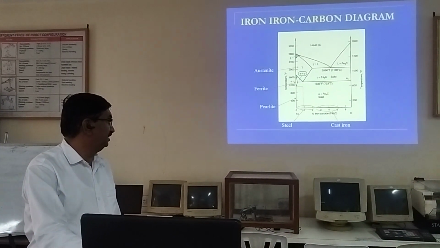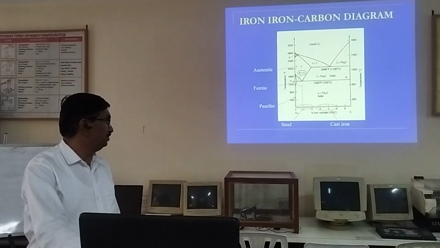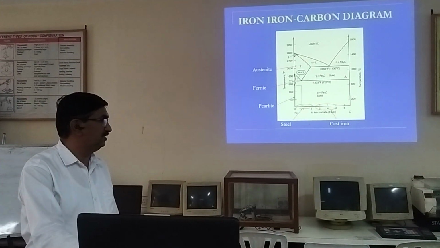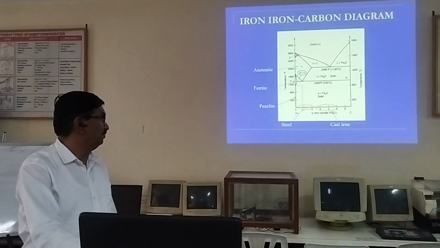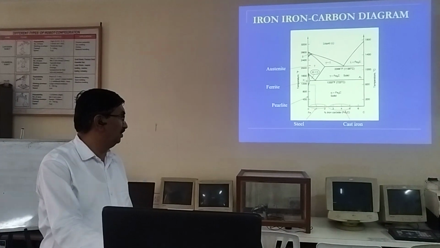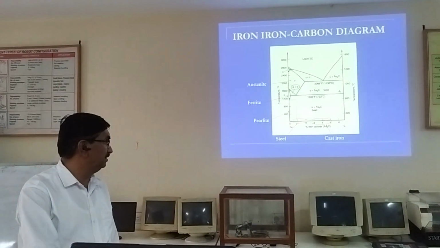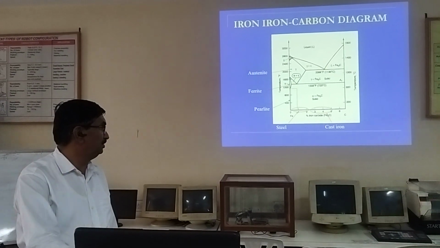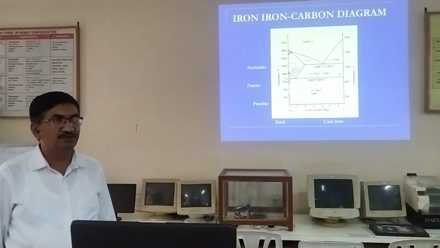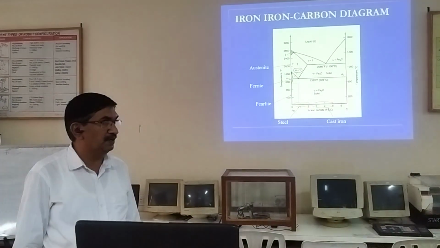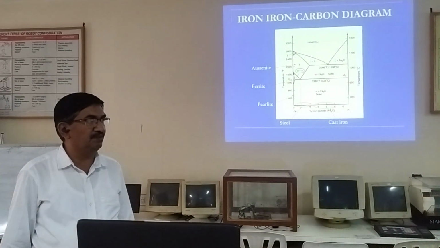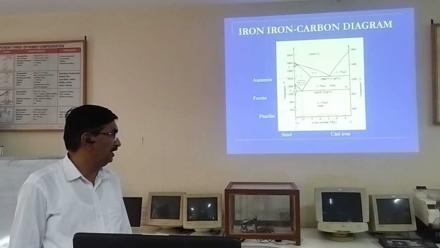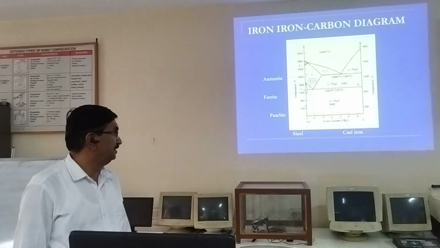Pearlite is obtained when the alloy of iron and carbon is slowly cooled below 720 degrees centigrade. We get pearlite, which is the combination of alpha ferrite and cementite.